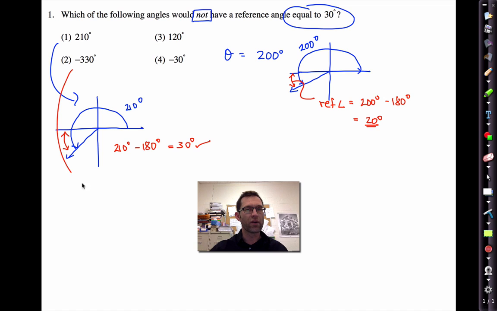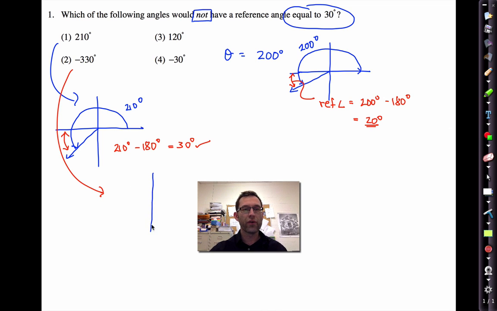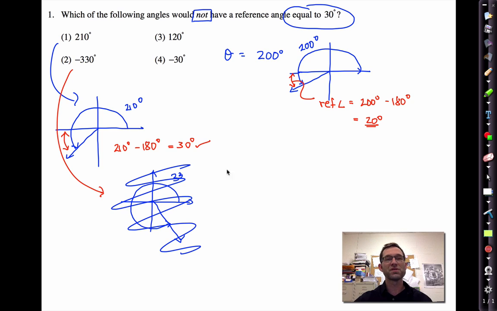How about this angle, negative 330? Let me go back into blue. 330, that's an angle that lies in the fourth quadrant, because it's an angle that's greater than 270 but less than 360. So let me draw it that way. No, that's a negative angle. I'm so sorry about that. I need to go clockwise. And in fact, if I go clockwise, that will put me into the first quadrant.